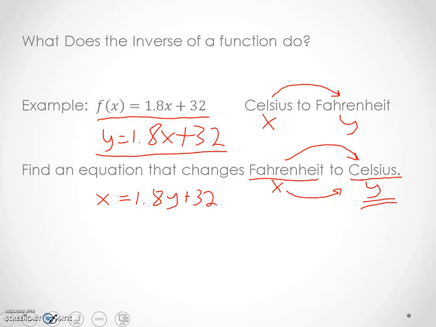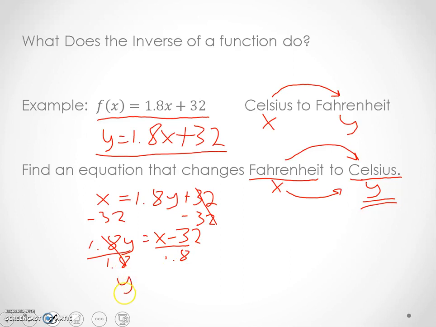So I'm just going to solve this equation for y. I'm going to subtract 32 from both sides. And so on the right hand side I'll have 1.8 times y. And on the left hand side here, x minus 32. But then I want to get the y by itself, so I'm going to divide both sides by 1.8, and so I'll have y equals x minus 32 divided by 1.8.